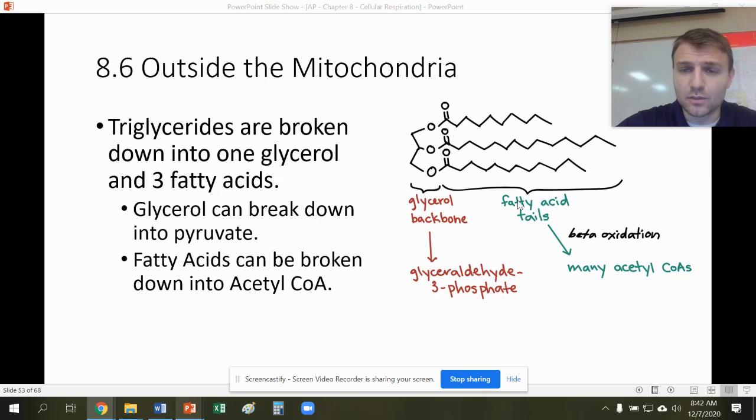These fatty acids, why they're really high energy molecules, is these can be broken down to acetyl-CoAs. If you remember acetyl-CoAs, those are the molecules that go into the Krebs cycle. So without glucose, you can fuel the Krebs cycle, which produces a lot of the NADH and FADH2s and even a little bit of ATP itself. So we can keep your cellular respiration going without glucose. We just have to start breaking down triglycerides here.